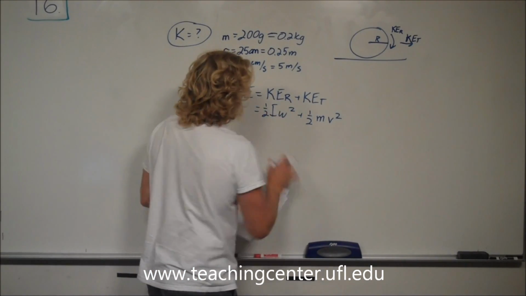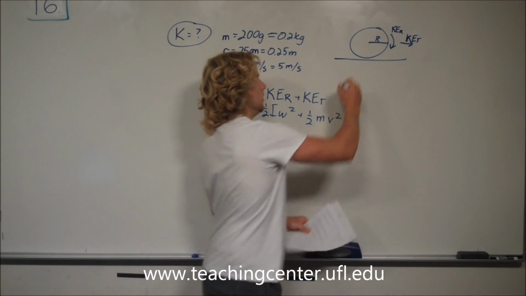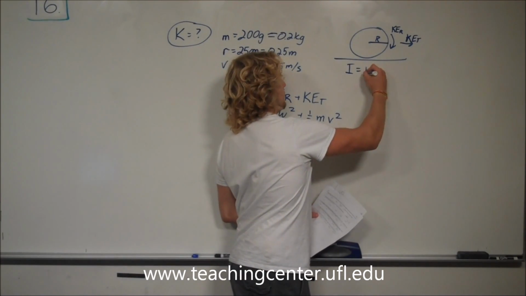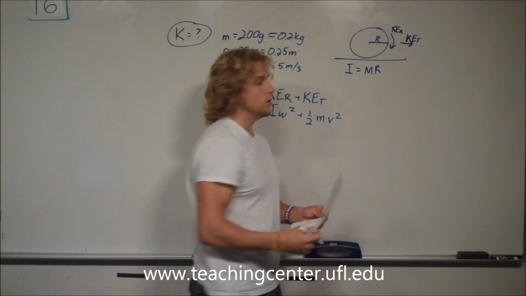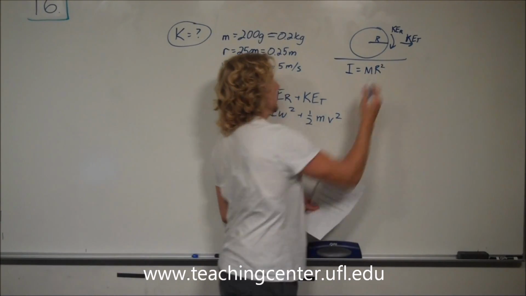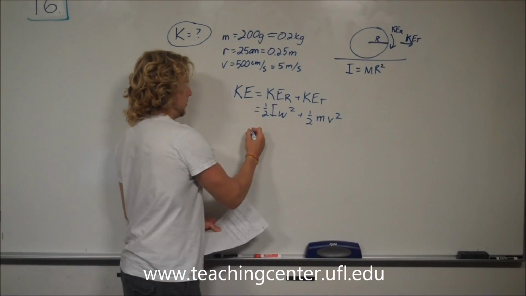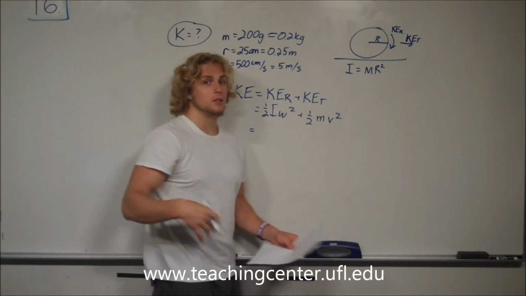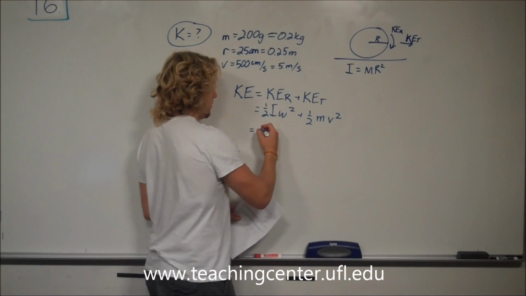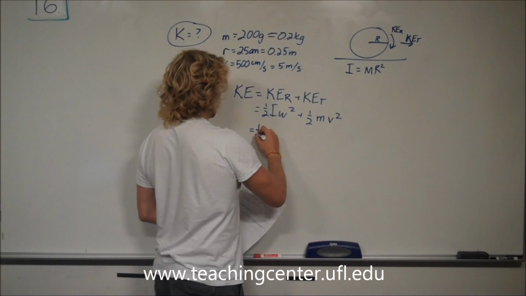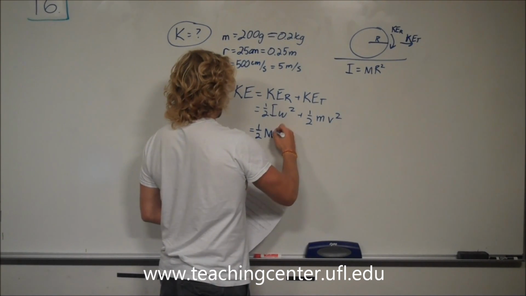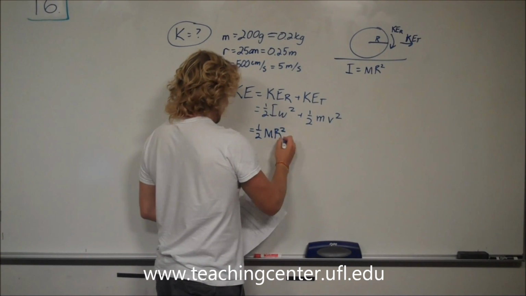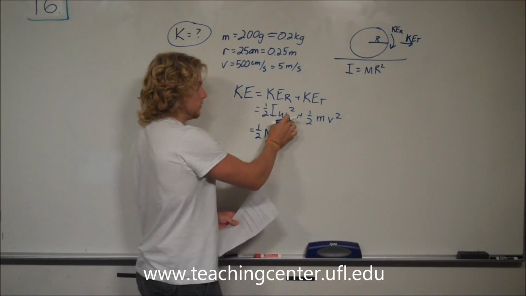Now, because it's a hoop, the inertia for a hoop is mr squared. So that means that we can simplify this equation even further. We can simplify it to 1/2 mr squared, omega squared.